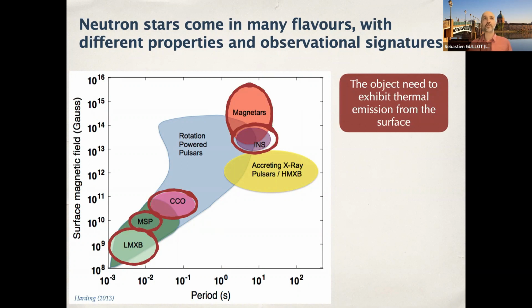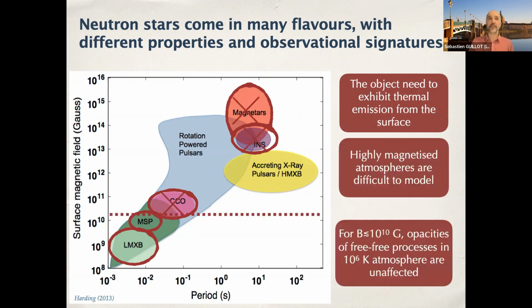So that excludes most of the young rotation-powered pulsars. That excludes accreting X-ray pulsars, where the emission that we see usually comes from an accretion disk and so on. So we'll focus more on the ones that have been circled.